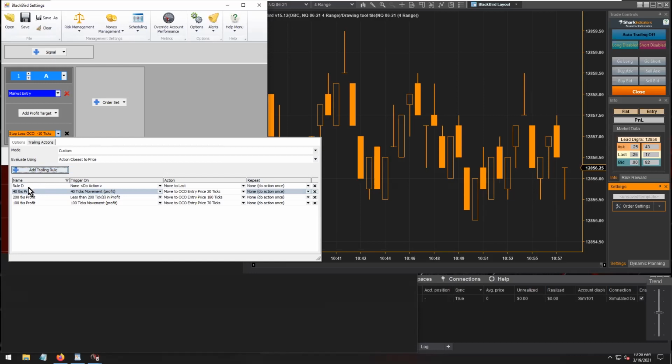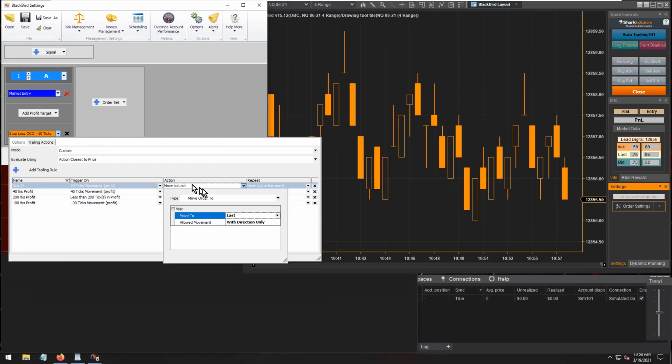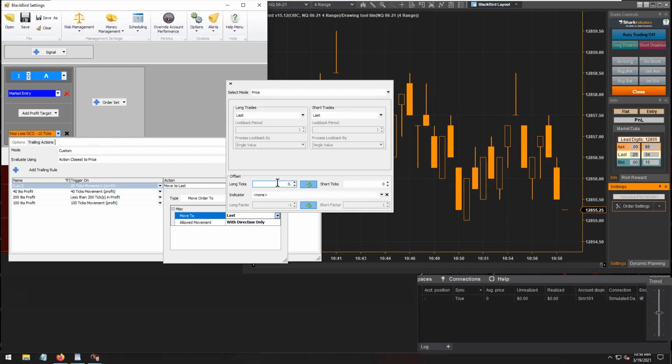For example, I'll just throw a quick example here. Let's say once we hit 20 ticks of profit, we want to start trailing our stop loss at 15 ticks, something like that, right?